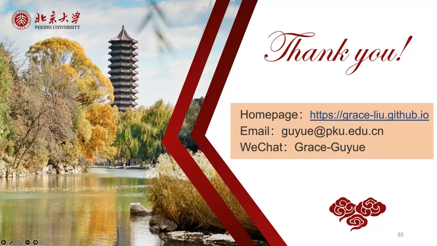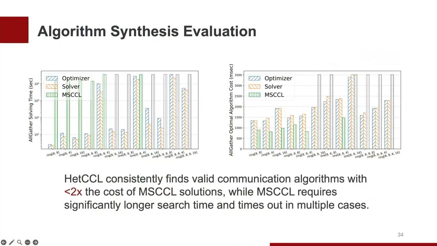Thanks for the question. For the first one, in terms of the scalability, especially for heterogeneous clusters, yes, it does improve scalability. I didn't put the result here, but let me see. Here are the results.